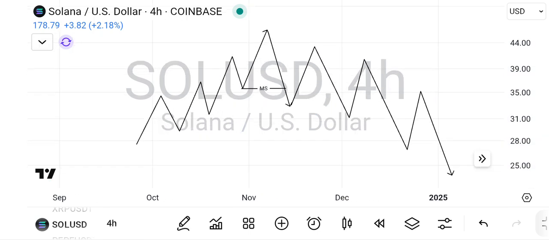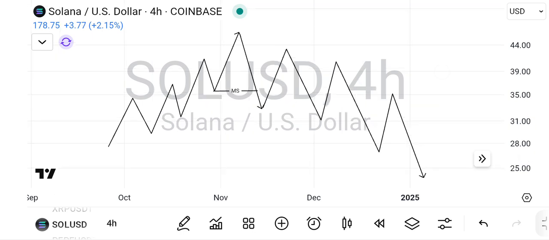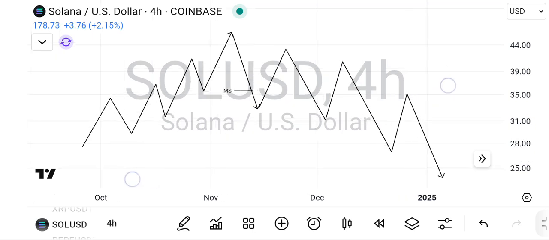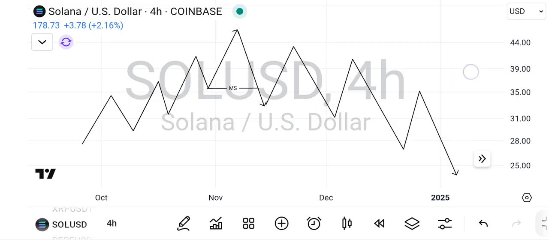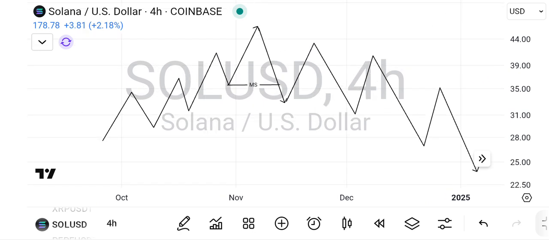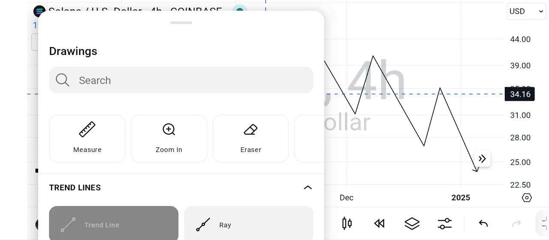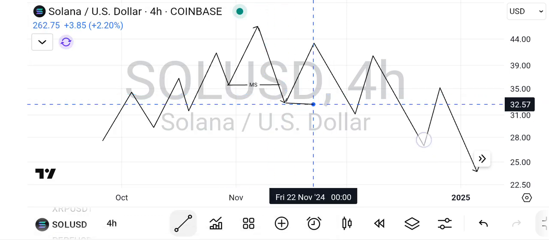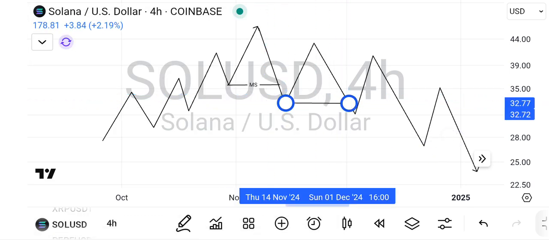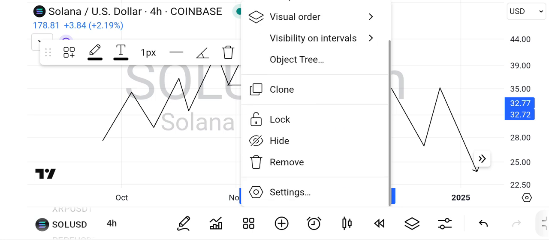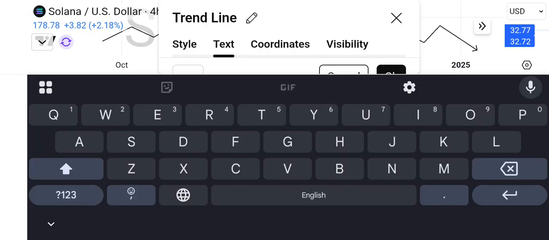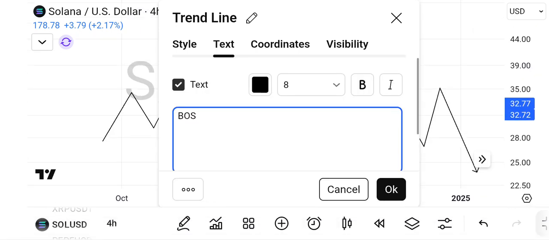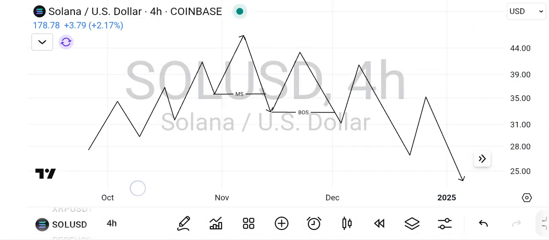So this is just a sketch, just an illustration of how the market is supposed to be moving. But this is not exactly how the market is.